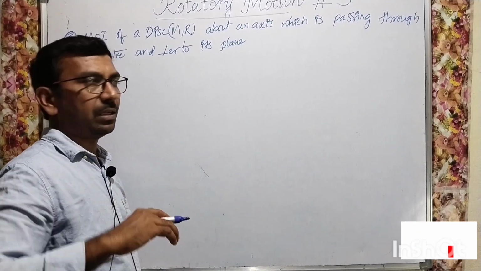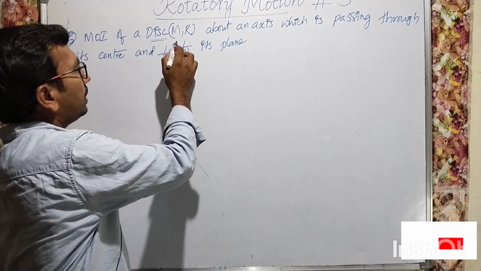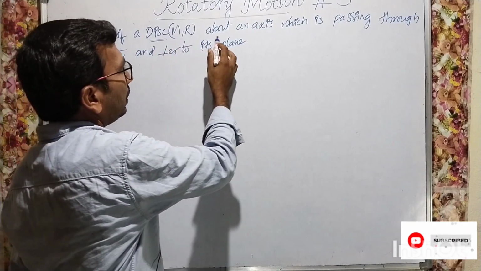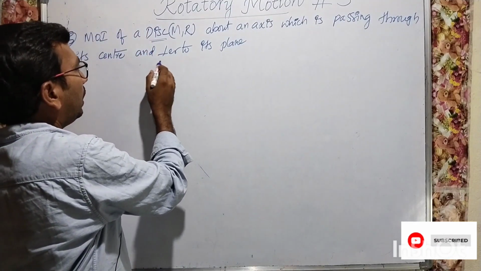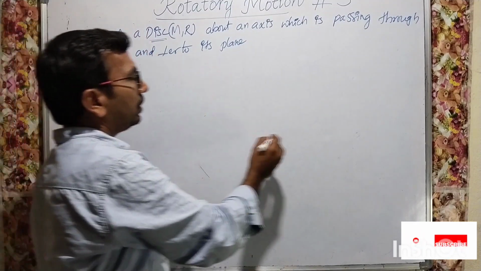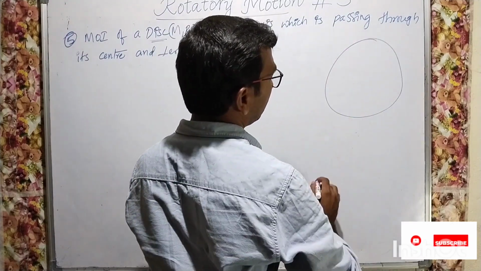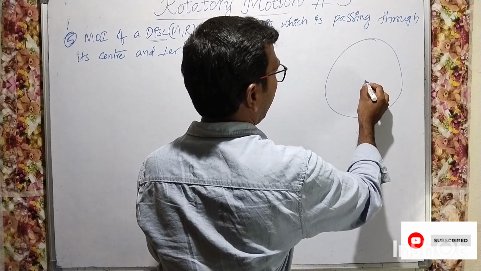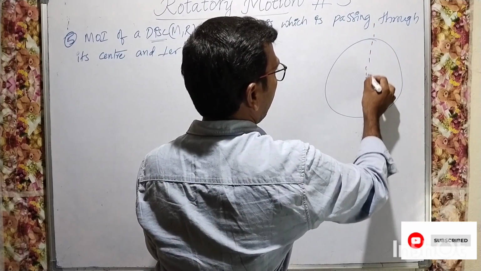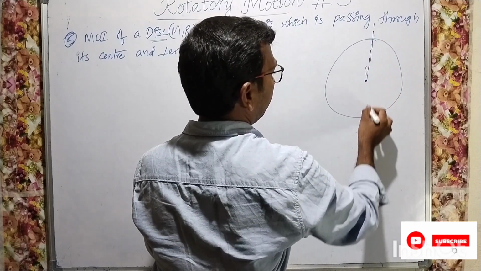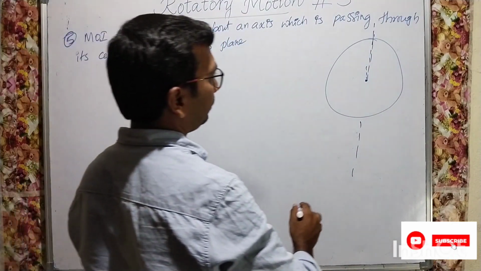Next, you can find the MOI of a disk of mass M and radius R about an axis which is passing through its center and perpendicular to its plane. Suppose you consider a disk; the axis passes through its center, perpendicular to the plane.